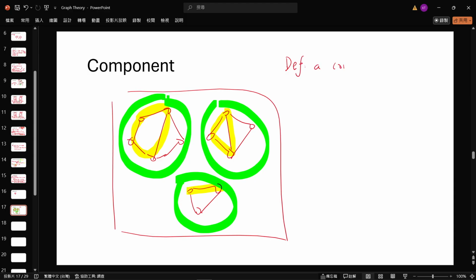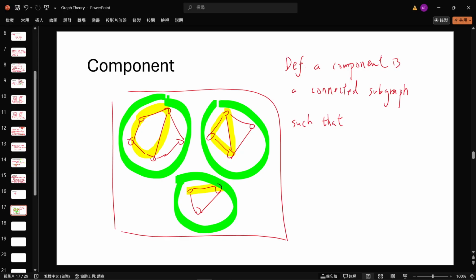So a component is a connected subgraph. Okay. So a subgraph is just a portion of the graph.